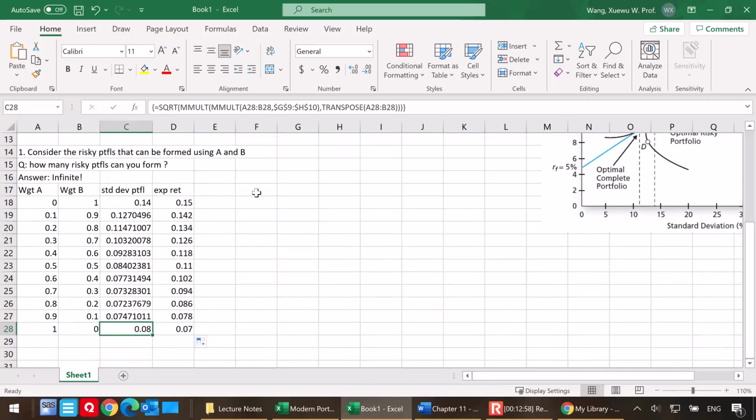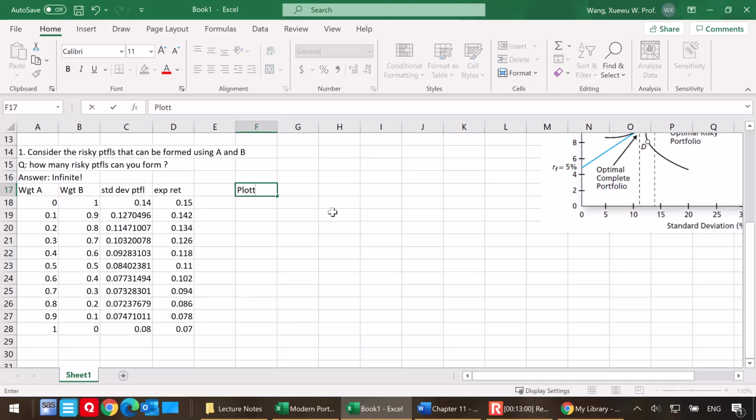So I can now plot these portfolios into a graph. I want to put the standard deviation on the x-axis and expected return on the y-axis.